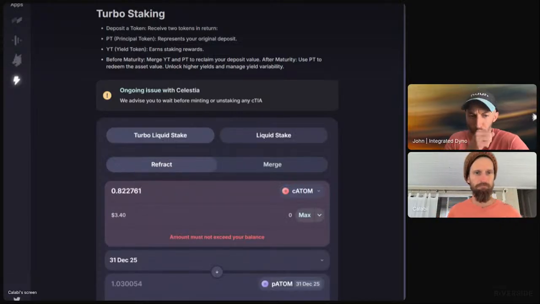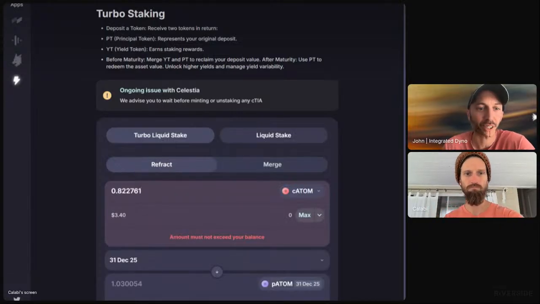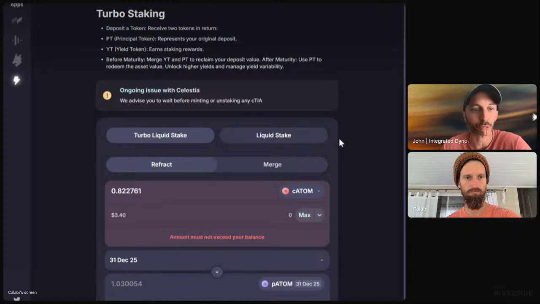Yeah, I think for people that maybe are not familiar with this UI, it's very similar to either just buying a liquid stake token off the market or going and minting your own liquid stake token. It looks a little different with different names, but that's essentially the same thing you're doing.